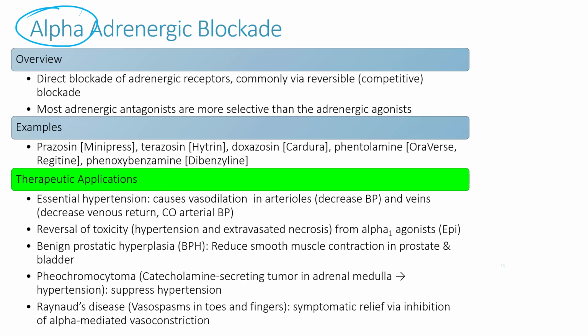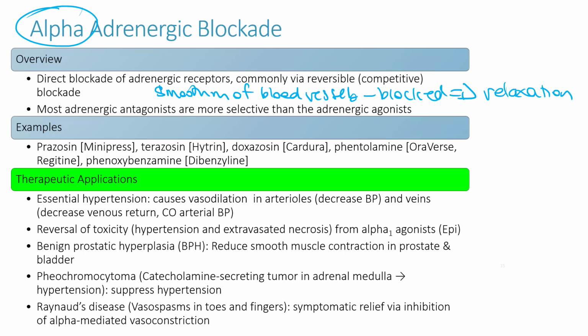Again, alpha receptors are found on smooth muscle of blood vessels, and so if they're blocked, it causes relaxation of that smooth muscle, and so it causes vasodilation. All right, so which situations actually call for vasodilation?